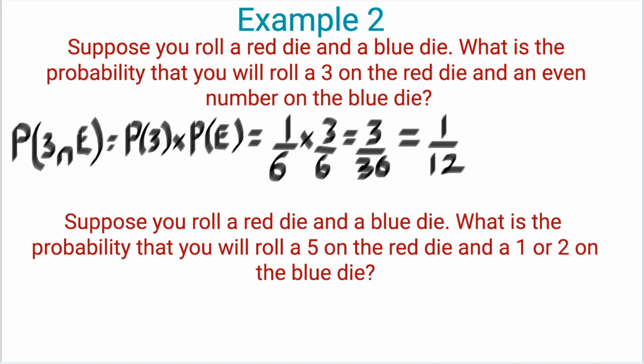That's the probability. The second question says, suppose you roll a red die and a blue die. What is the probability that you will roll a 5 on the red die and a 1 or 2 on the blue die? So this second question is a bit more complicated because we have to calculate a probability within a probability.